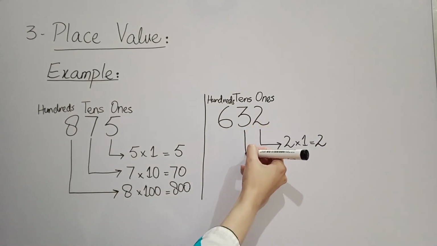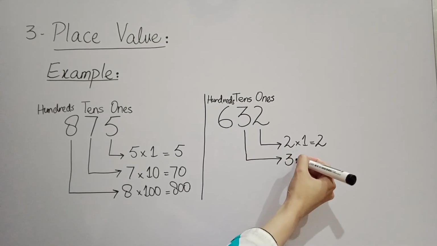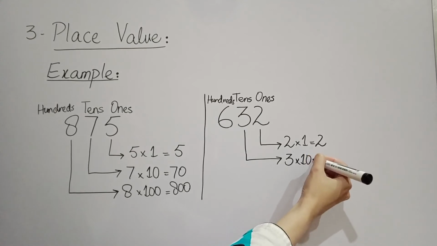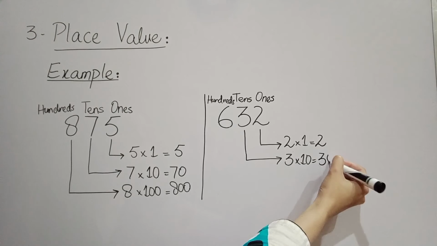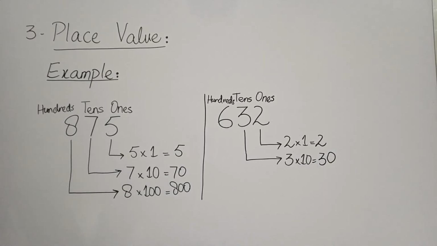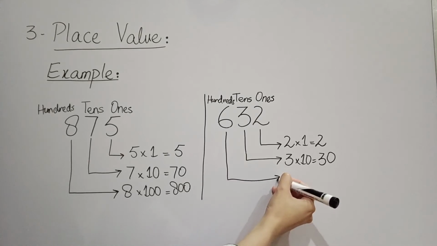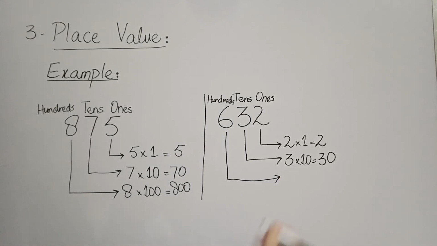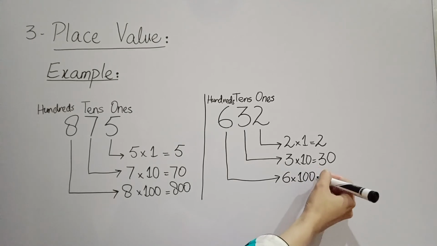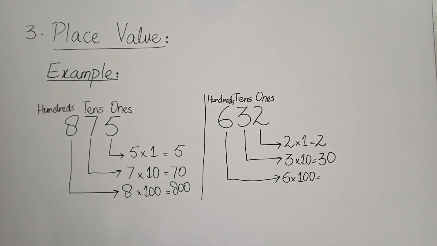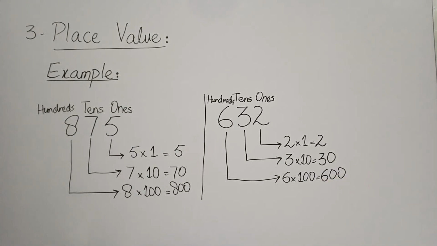Now 3 representing tens, so 3 will be multiplied with 10 and we will get 30. For 6, it's representing 100, so 6 will be multiplied with 100 and we will get 600.